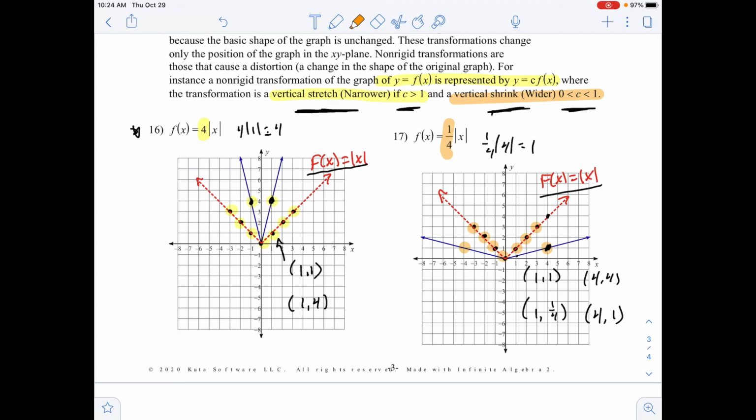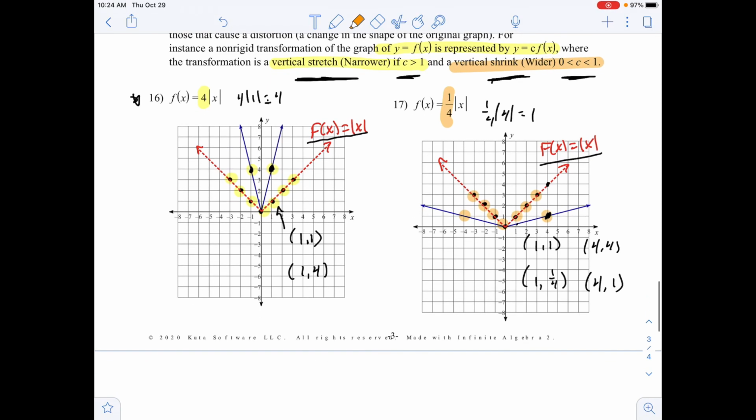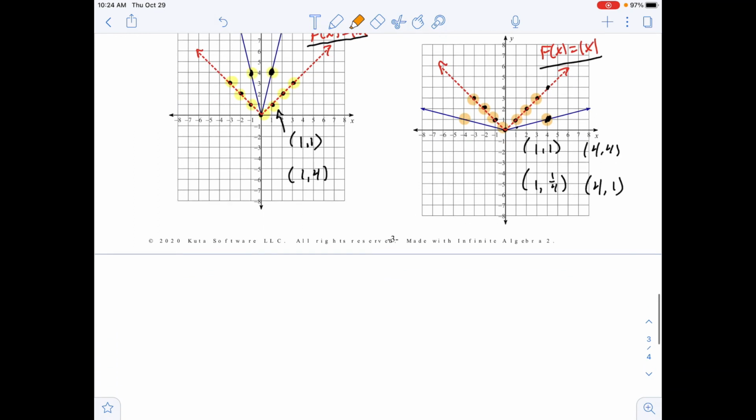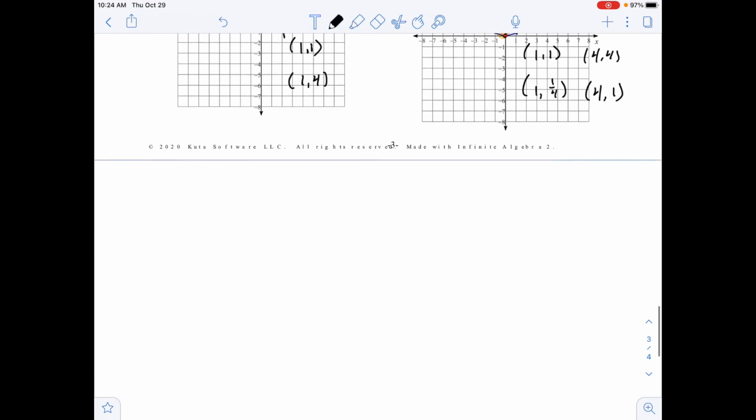All right, so hopefully this will help you with the parent functions. Also, don't forget that you can have multiple combinations. So let's say that you had something like f of x is equal to the square root of x minus 1, and then plus 2. Well, what do we have here? Inside the parentheses is the minus, the c value, and outside is a plus.